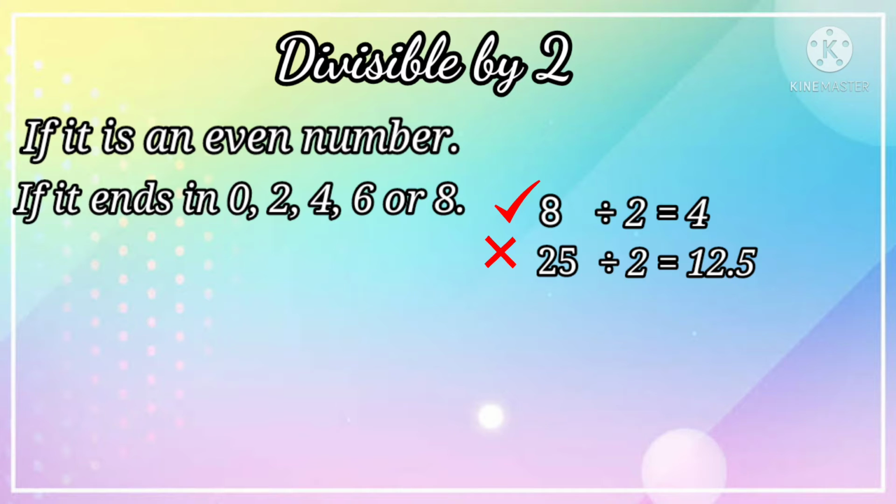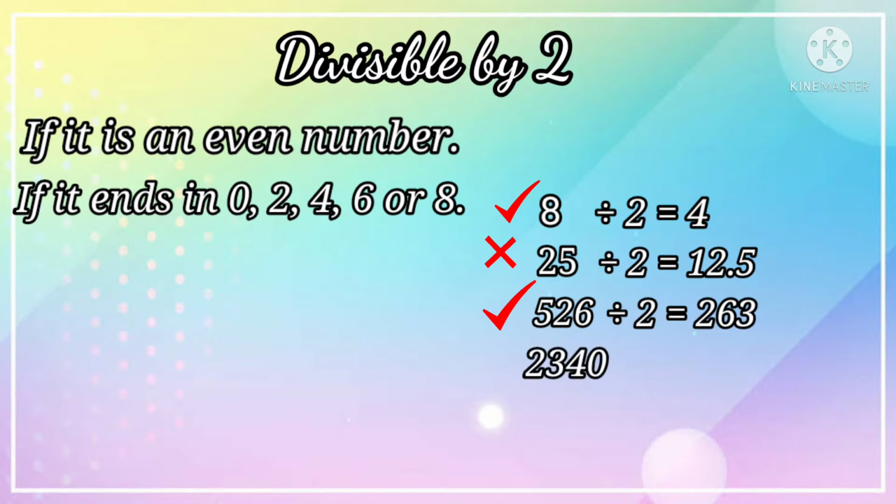Since it has a remainder, it is not divisible by 2. Another example is 526. Our ending number is 6, and 6 is an even number. So therefore, 526 is divisible by 2. So to check, 526 divided by 2 is equal to 263. Next one is 2340. So what is the last digit?